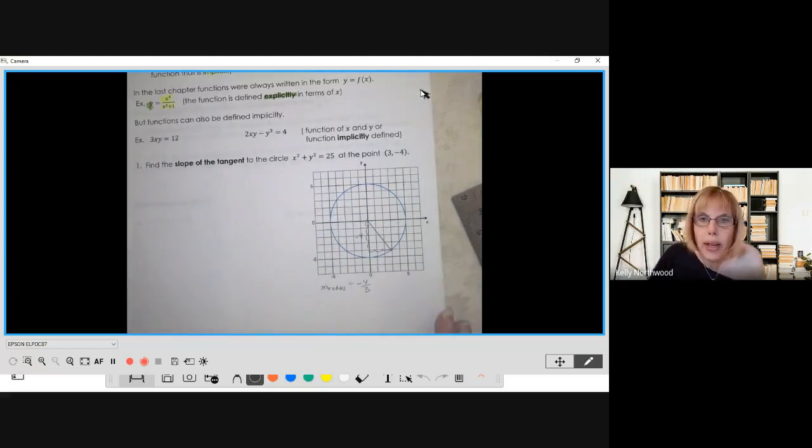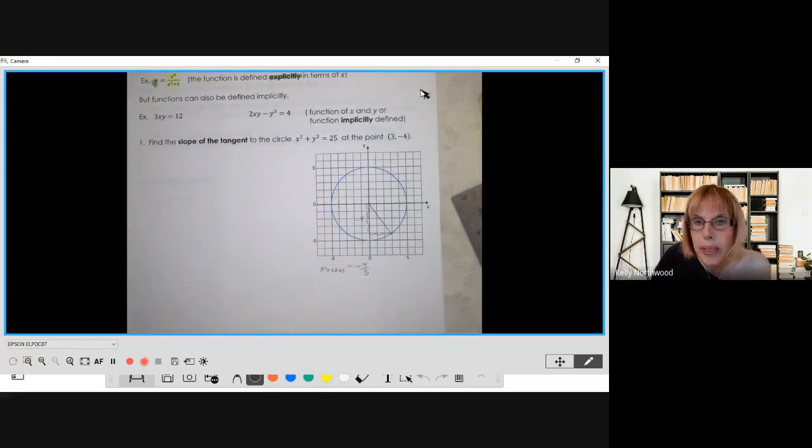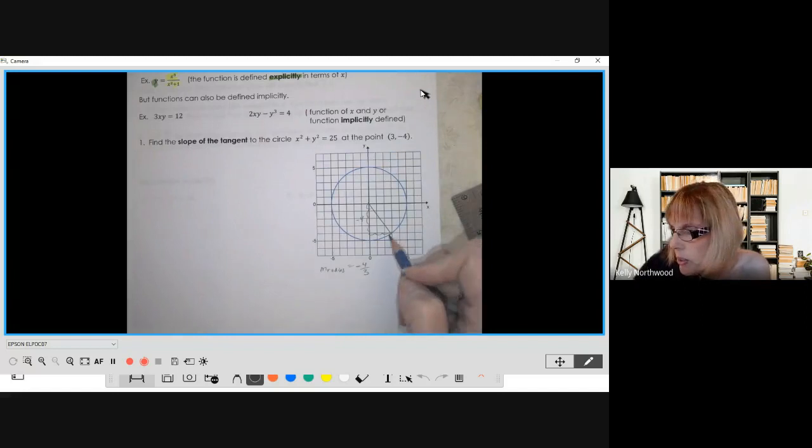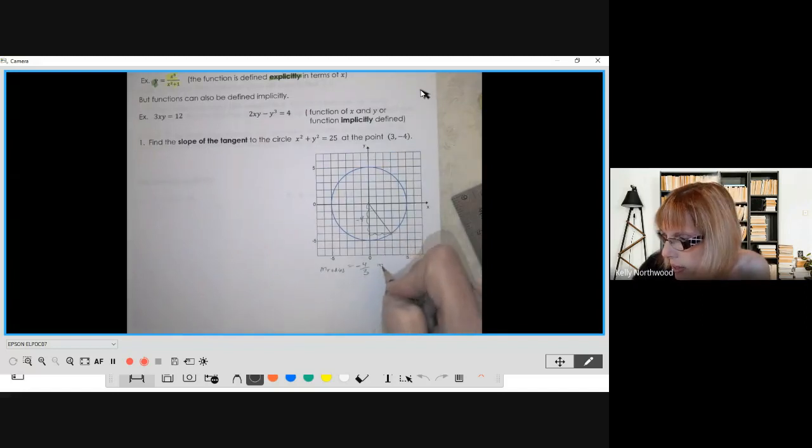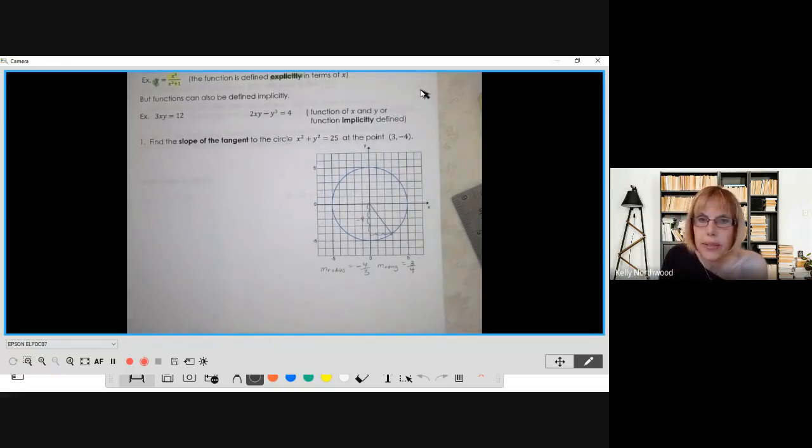We would know that because it's a circle, and a property of circles is that the tangent's always perpendicular to the radius, the slope of the tangent would be +3/4. Negative reciprocal, perpendicular.